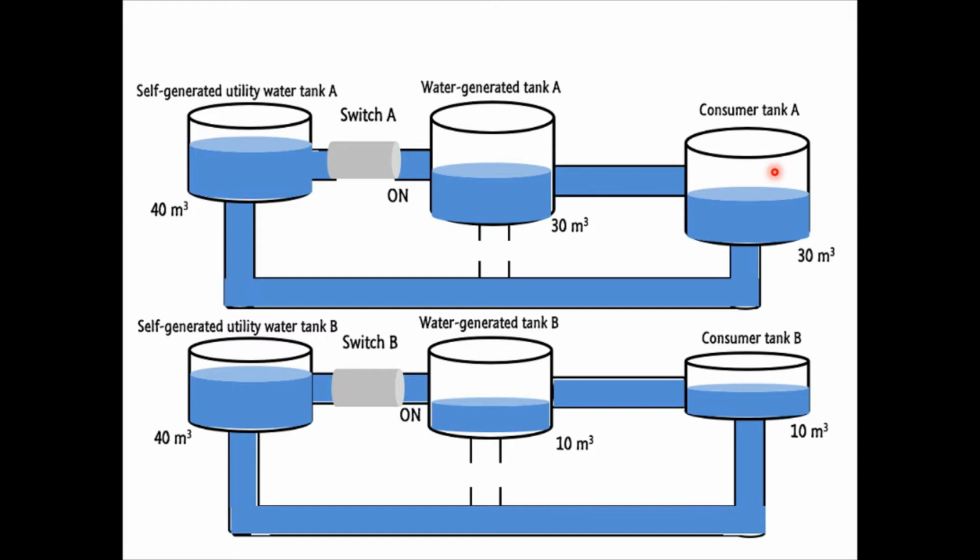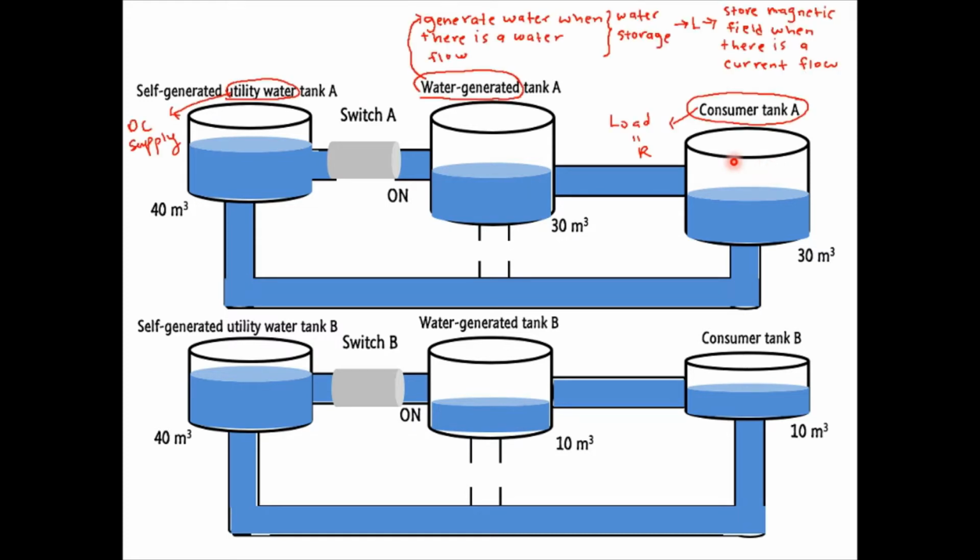Similarly, when the transistor in the DC converter is turned on, there is a continuous current flow between the DC supply, inductor, and resistor. In this condition, the inductor is energizing to store the magnetic field.